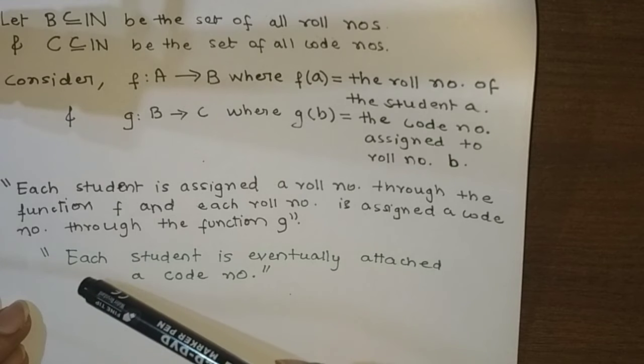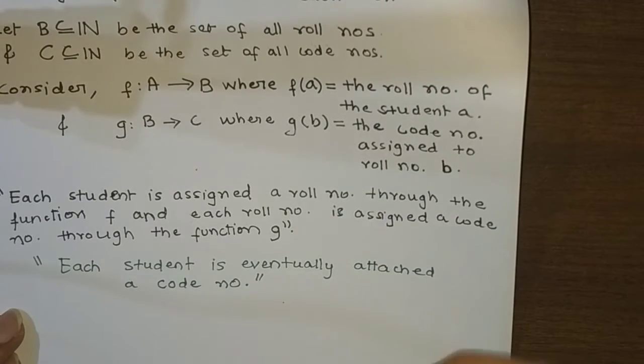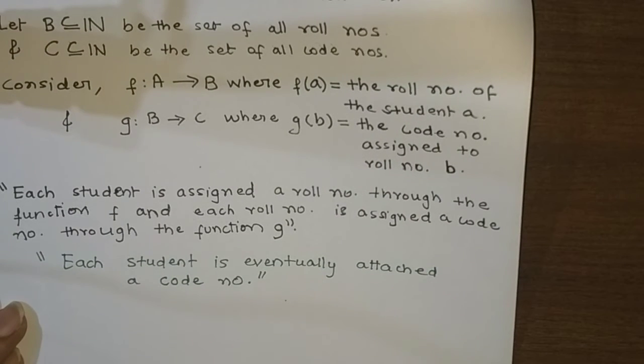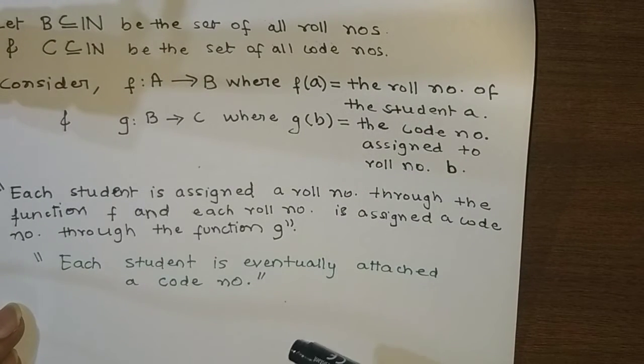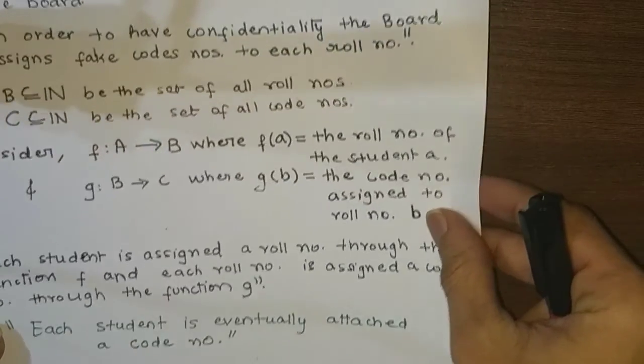So if you combine both the functions, each student is eventually attached a code number. So this is the idea behind the composition of functions. You are combining two functions. Now let us look at the formal definition.